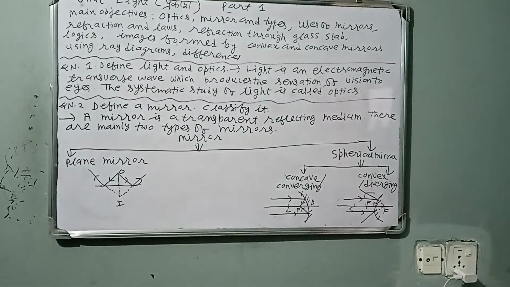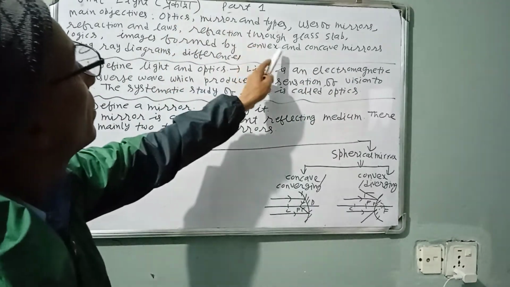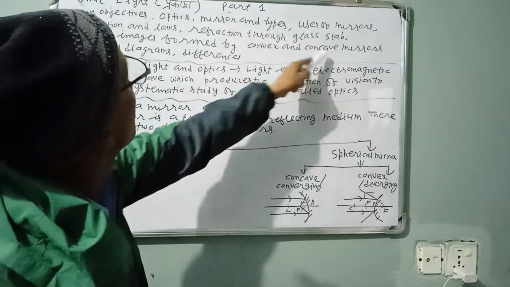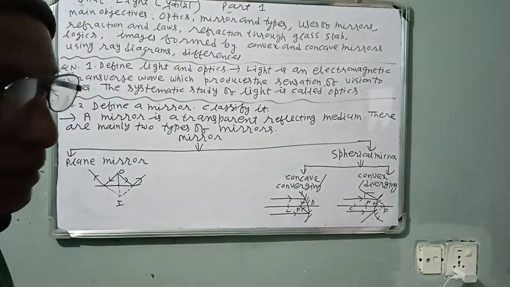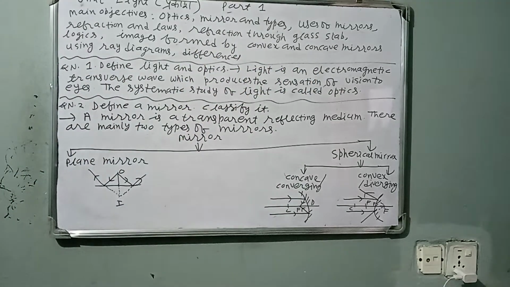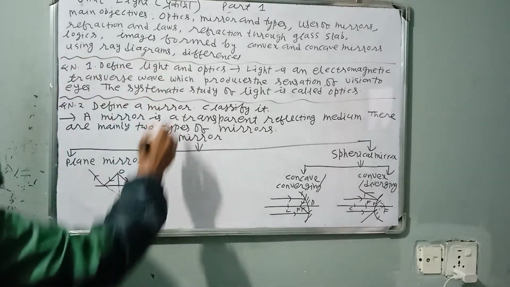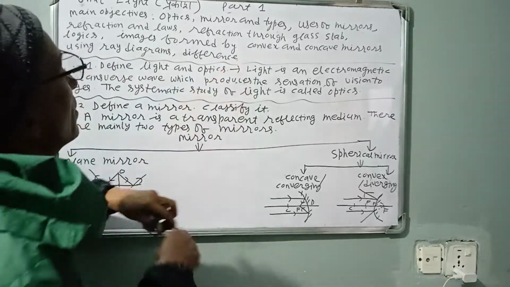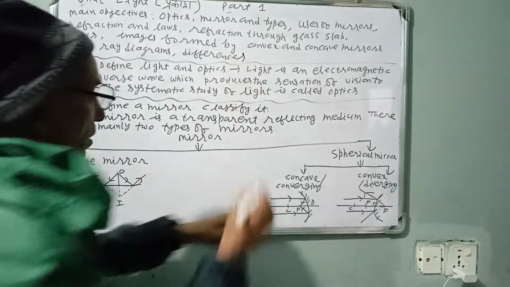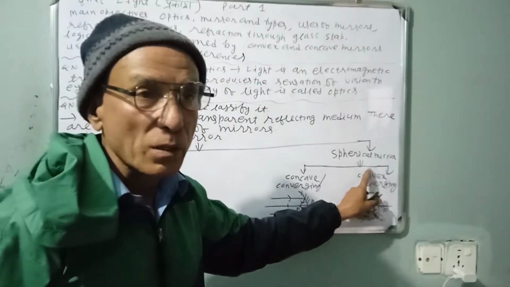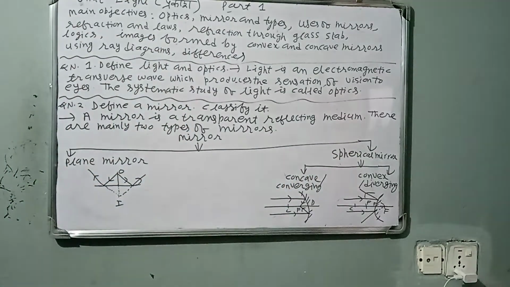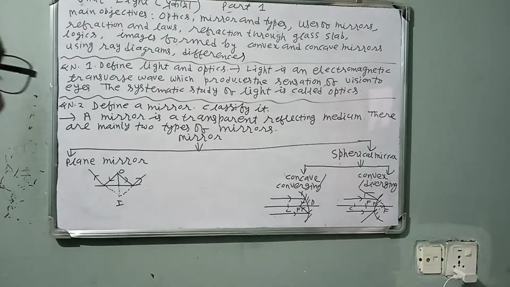And not after writing the images formed, you have to write their nature, position and size using ray diagrams. Differences like difference between concave mirror, convex mirror, real image, virtual image, reflection, refraction and others.